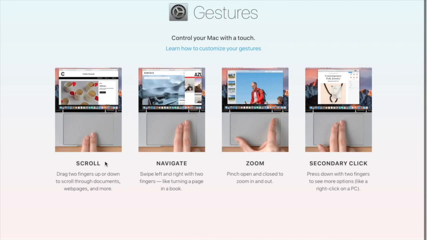If you notice this, there's a two finger scroll option where you can scroll through web pages using your two fingers. Then if you want to navigate, use your two fingers left and right, and you can navigate through pages.